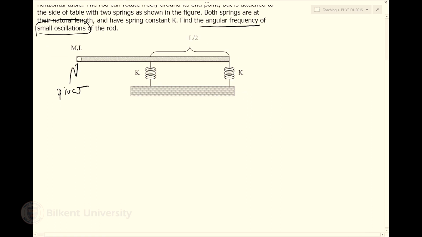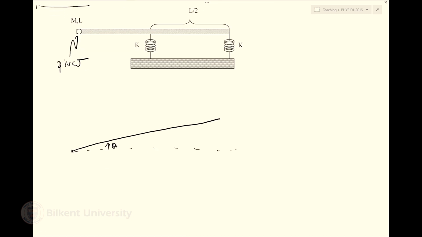Okay. So how do I solve these problems? Not very hard. What I should actually think is what happens if this rod makes an angle theta with the x-axis. Now both springs are stretched, right?